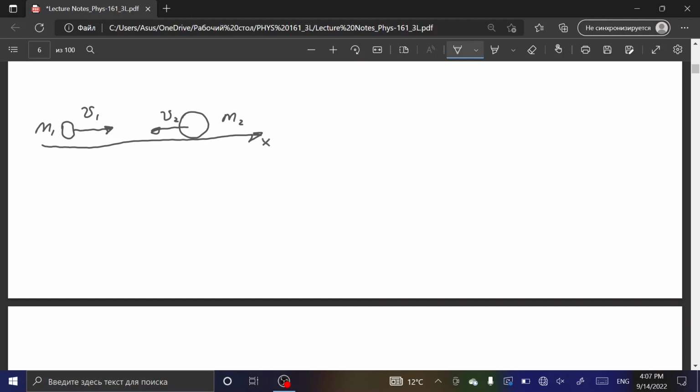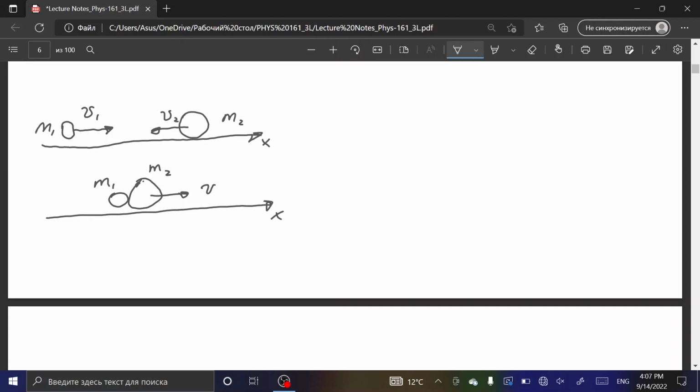So this is axis x. Now we want to model such a scenario where these objects collide and stick together, m1 and m2, and they move with some velocity v along axis x.